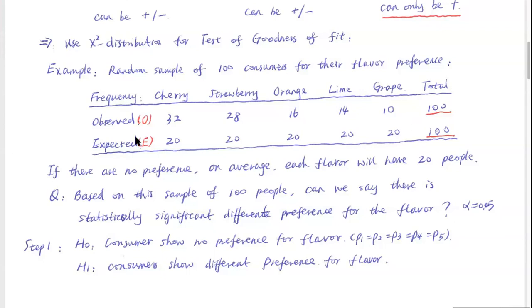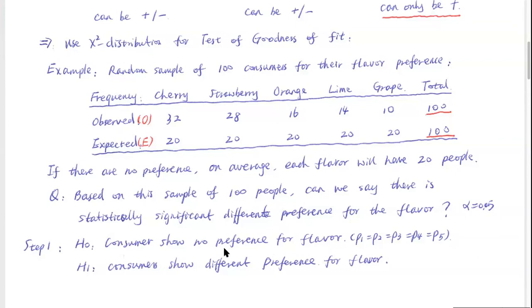And then if we assume all the consumers have an equal preference, remember H0 when we do hypothesis testing? When we write down H0, we mentioned previously it is always equal. In this case, we are trying to study whether consumers have an equal preference or not.